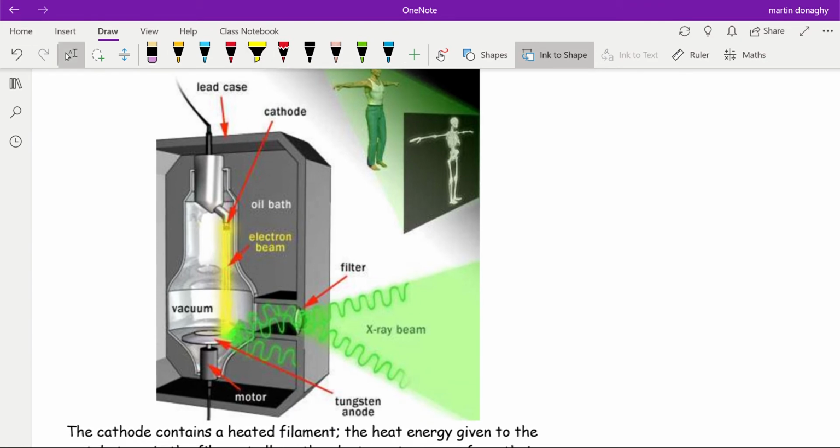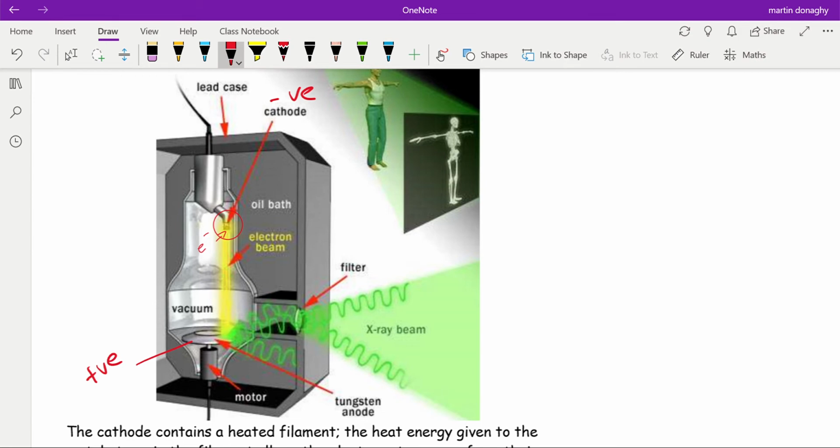We have a little cathode, which is just where we heat up a little filament like in a bulb, and it heats up so much that the electrons in that wire gain enough energy so they can leave the atoms. So we have all these little electrons floating about here, and what then happens is we make our cathode negatively charged and our anode down here positively charged, and it creates an electric field.